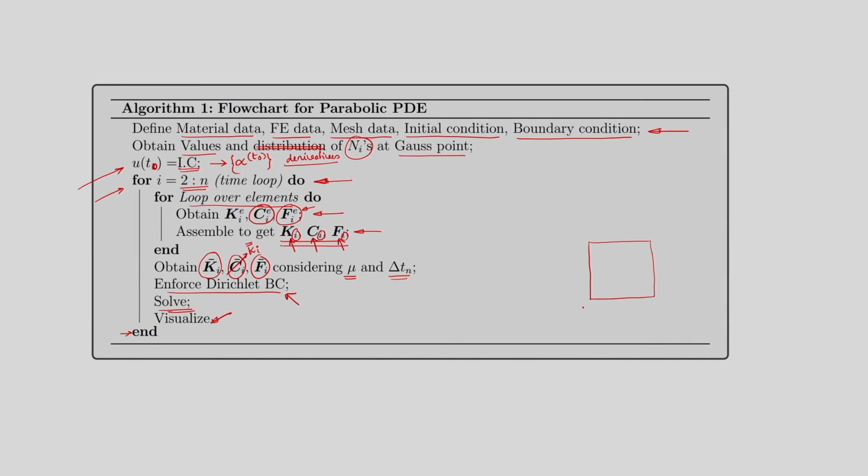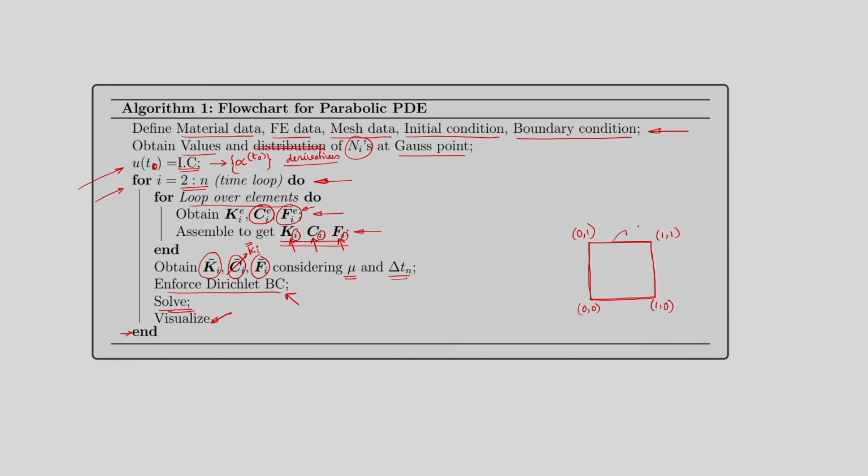The coordinates are (0,0), (1,0), (1,1) and (0,1). In this domain we tried to solve the unsteady heat conduction problem.